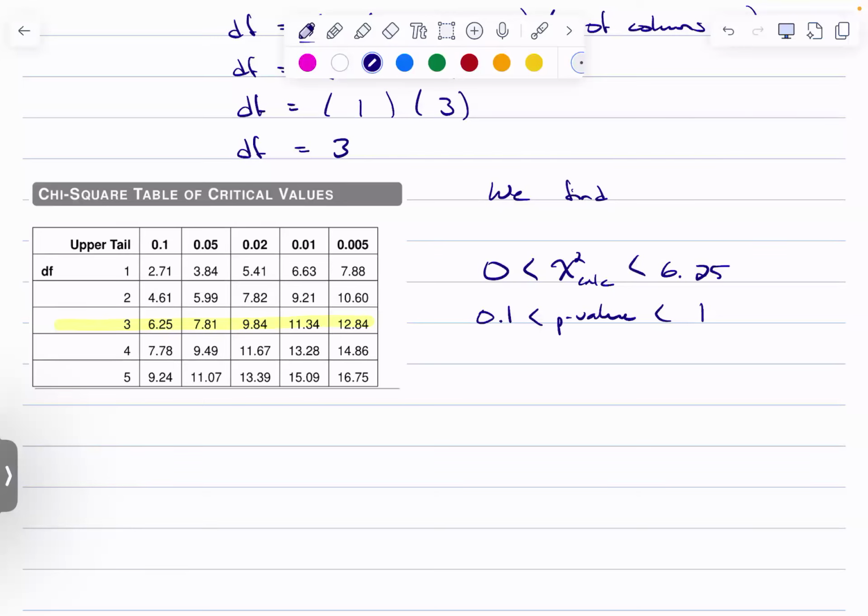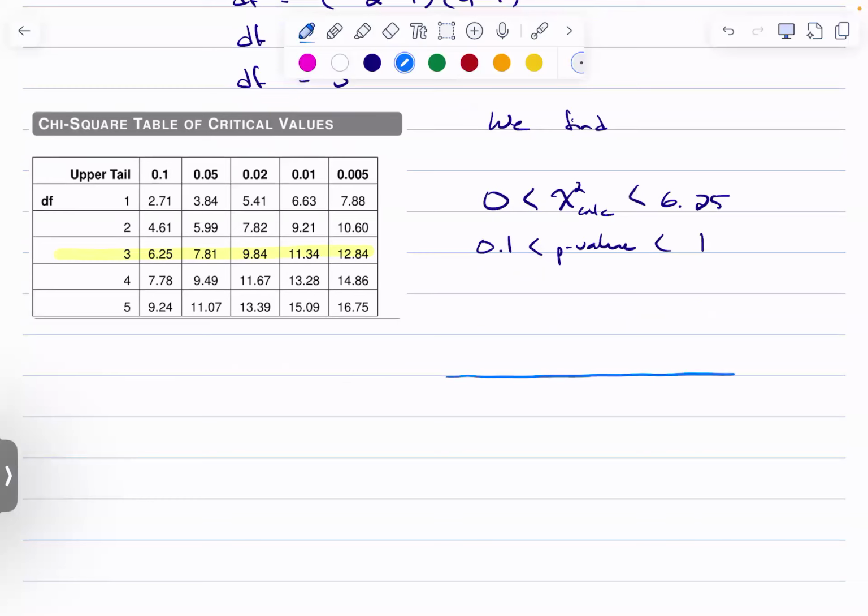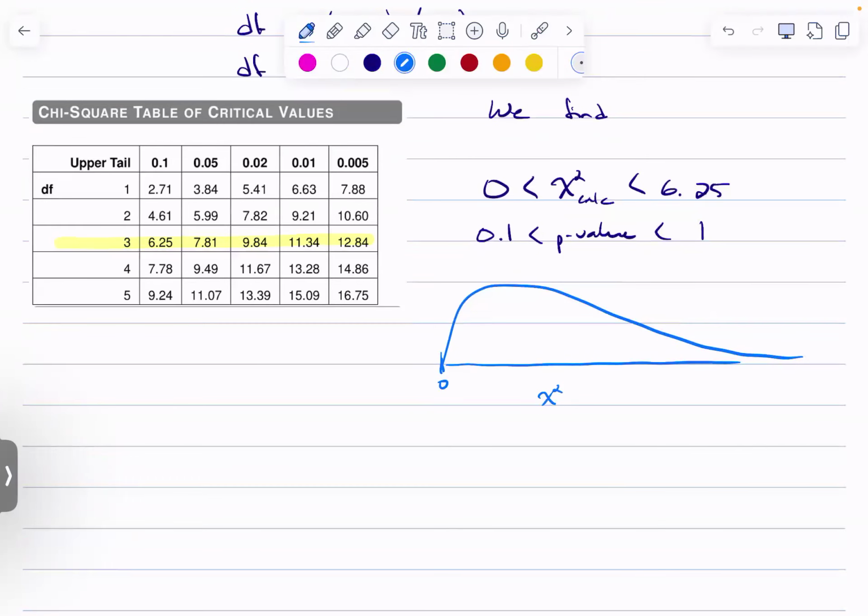Or visually, if you prefer, you can say 3 degrees of freedom maybe looks like this. Chi-squared starts at 0, and the first check-in point at 3 degrees of freedom is at 6.25. This number line is chi-squared, and we're told from the table that the area in the tail is 0.1 at 6.25.